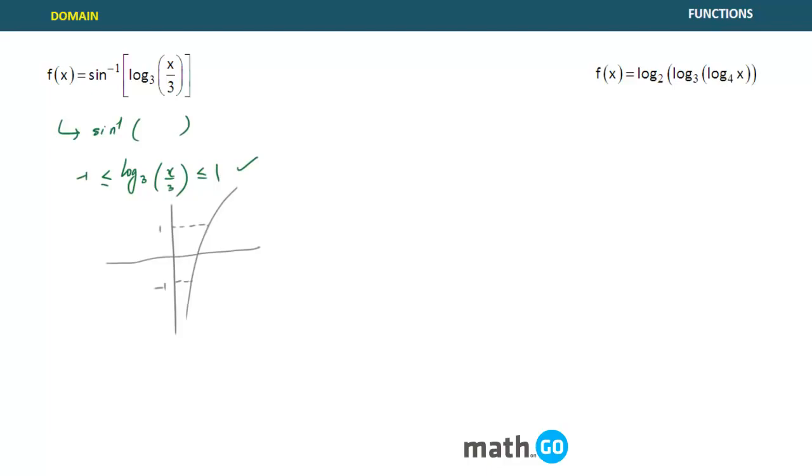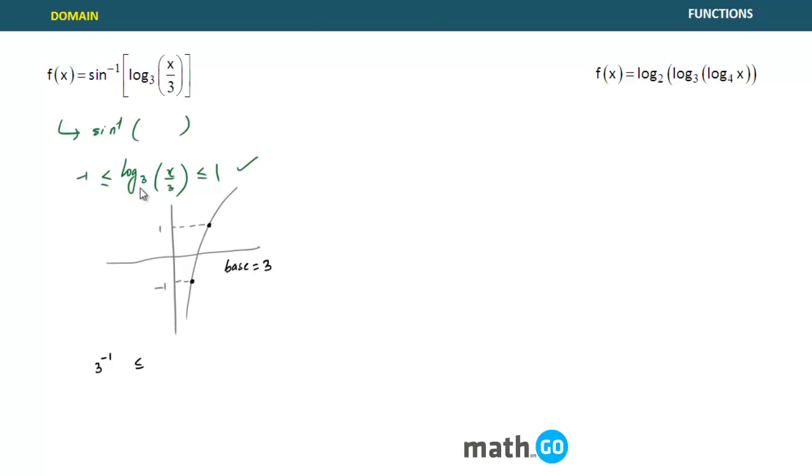Yes, so I have drawn the diagram of log for you. You want log to be from -1 to 1, and the base of the log is 3. How do you solve a log inequality of this sort? You will take 3 raised to power -1, and the log is gone, right? You can just remove the log component.